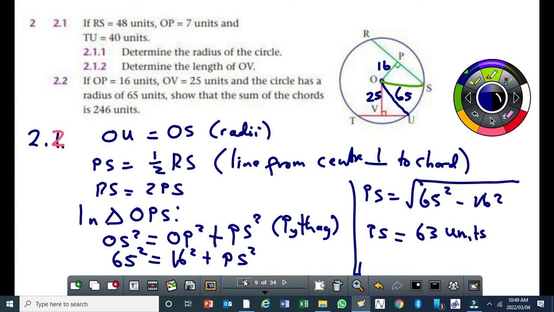Yes. Now it is always better to avoid confusion. Please, you're going to encounter lots of triangles under circle geometry. Always identify the triangle and name the triangle to make things easier, especially for the teachers, because your working out must be as clear as possible.